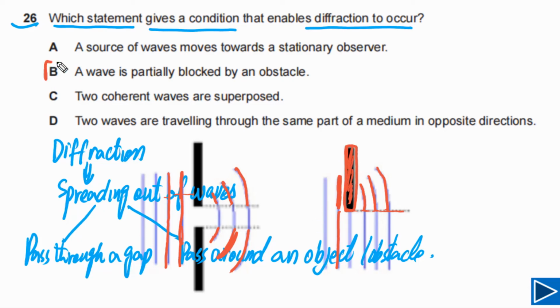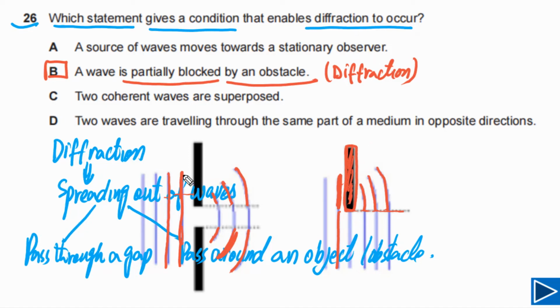If you look at option B in this case, a wave is partially blocked by an obstacle, because this part of the wave has been blocked by this obstacle. So this is an example of diffraction. A little bit tricky question, but this is one point you need to understand about diffraction. We can say a wave is partially blocked by an obstacle, and this is the condition.